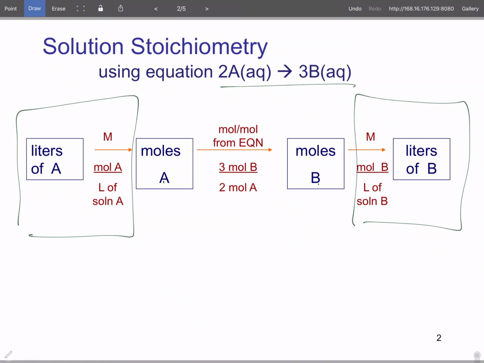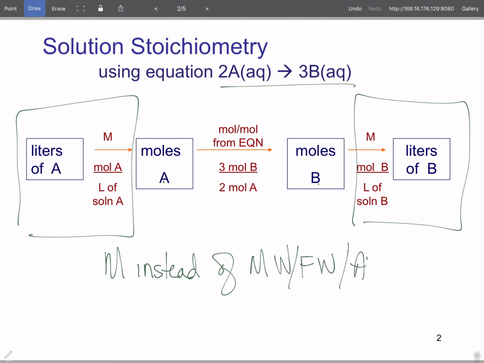Now, here is the difference from what we did before. This only differs because we use molarity instead of molecular weight, formula weight, or atomic weight. In some respects, I like solution stoichiometry better because it's faster, because I don't have to calculate molecular weights.